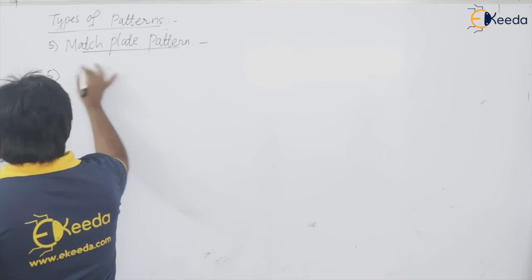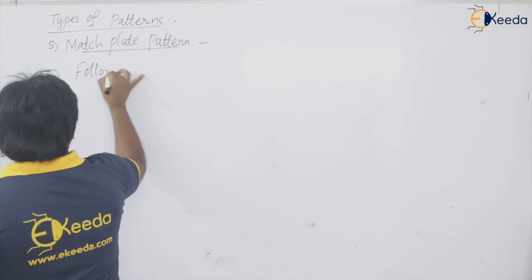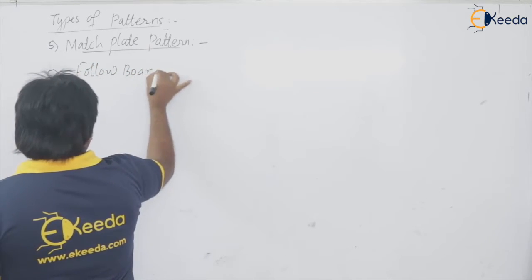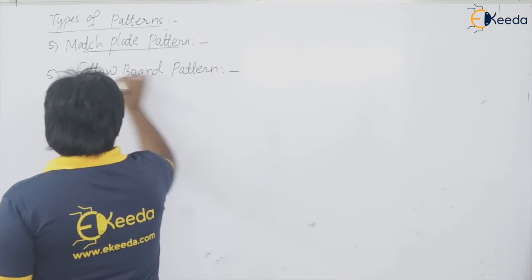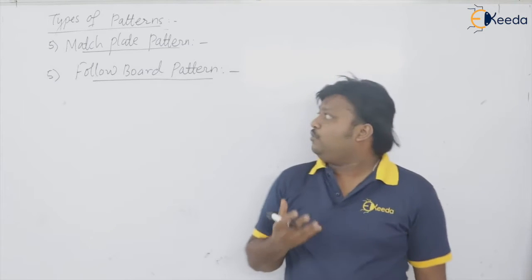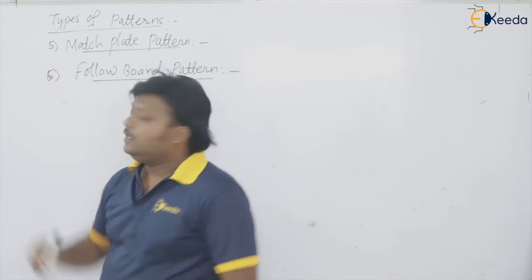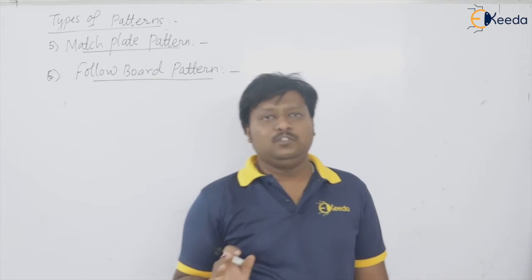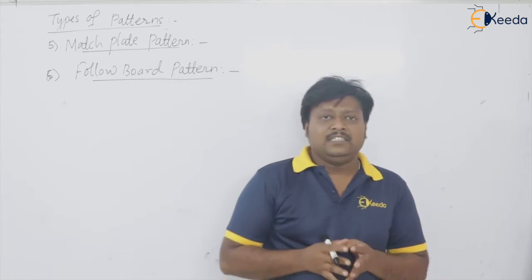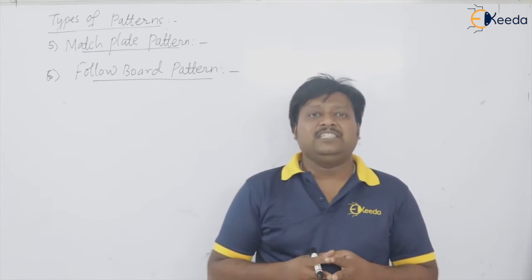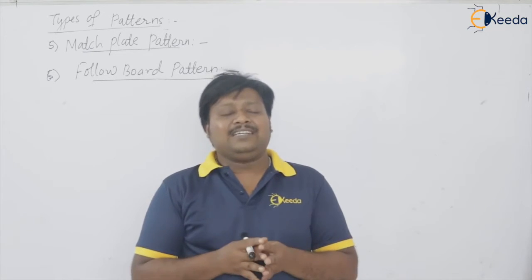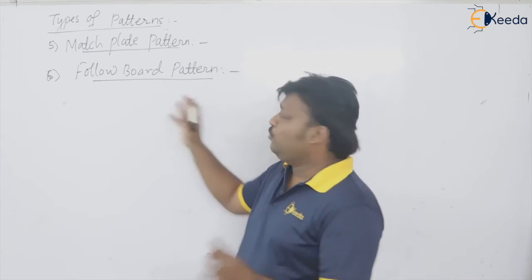The next pattern we have is the follow board pattern. So see, this follow board pattern is basically used in the case of castings that have some structurally weak shapes, and to support those shapes we have to put in this follow board.